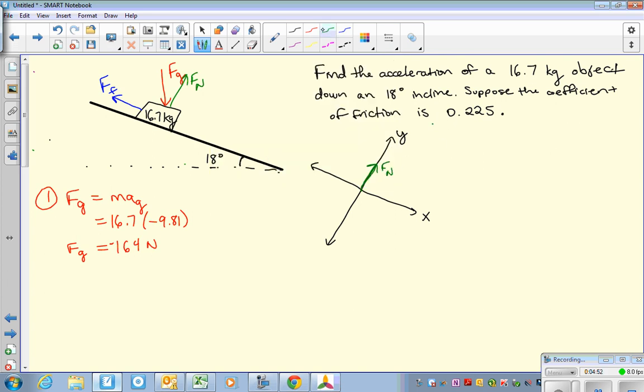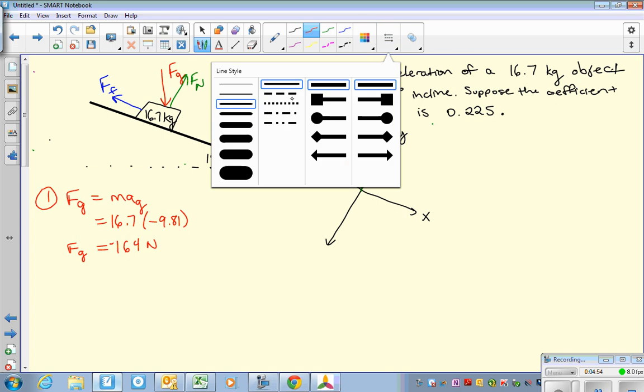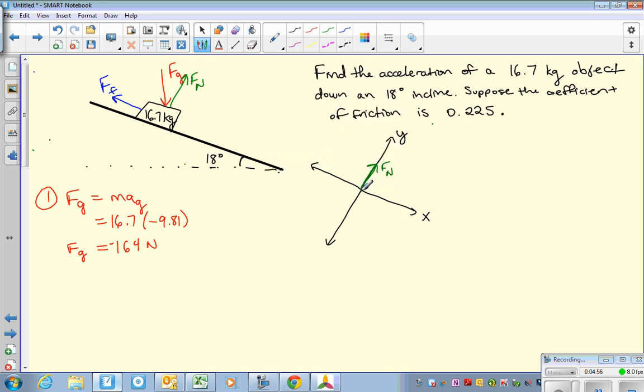That's our normal force. Our gravity force is straight down. So from here, literally go straight down. And then our friction force is along the surface. And we made the surface the x-axis. So I want to put that on the x-axis, but it's moving up on the x-axis, which is actually in the negative direction.